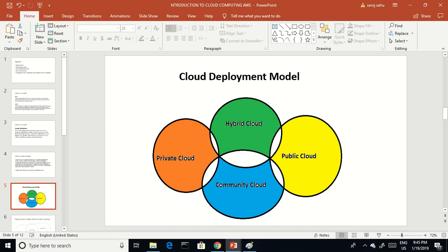In the public cloud, there are public cloud vendors like Amazon and Microsoft Azure, Bluemix of IBM and Google Cloud. They are providing the public cloud. They are the vendors for the public cloud. Very, very popular vendors like Amazon, Microsoft Azure.